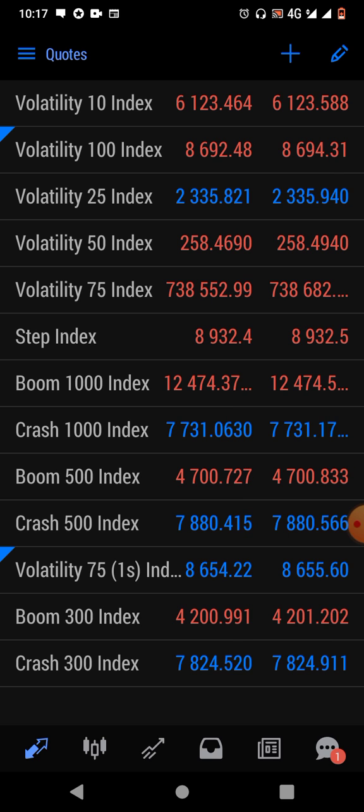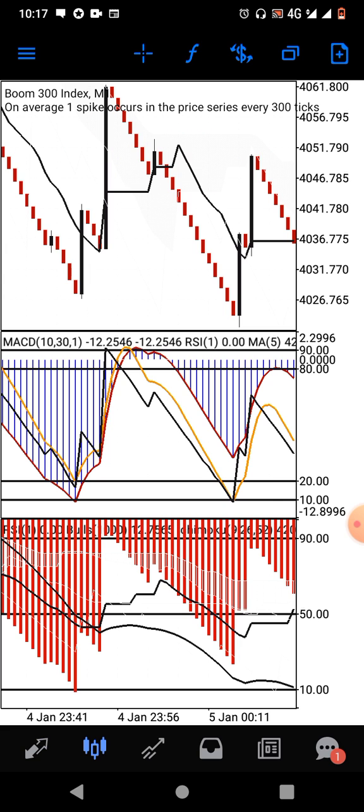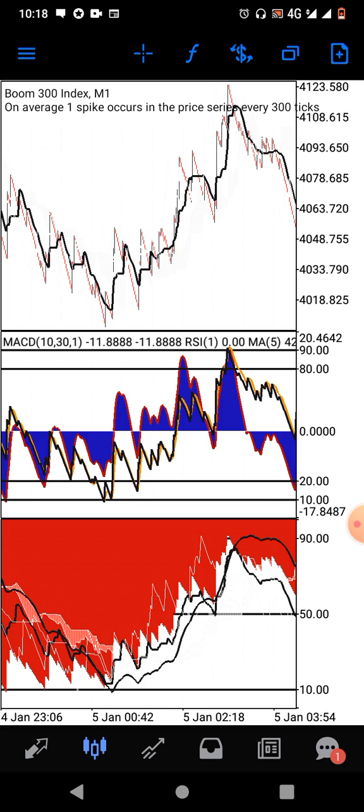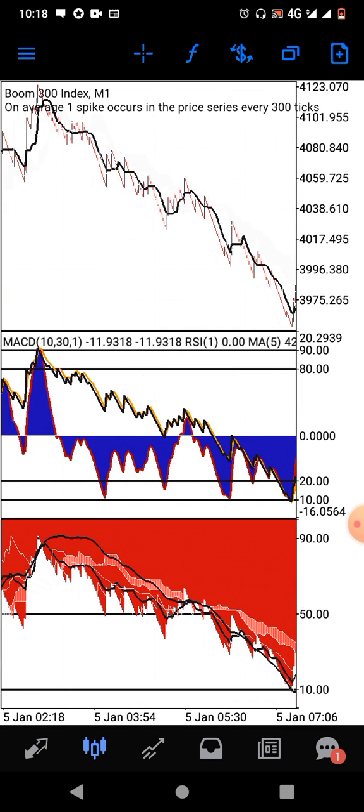Before that, I'm just going to show you exactly how to use this strategy. To use this strategy, you have to use the 1 minute time frame, for accuracy and for scalping.